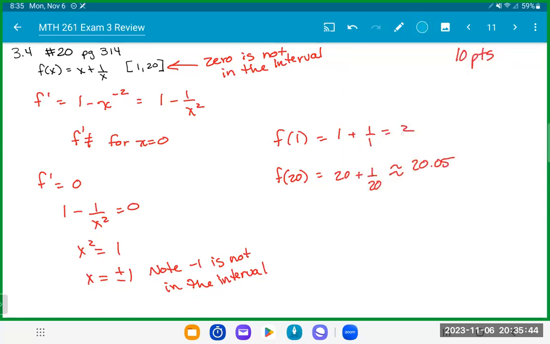So in this case, here we're going to have an absolute minimum at x equal to 1. Here we'll have an absolute max at x equal to 20. Okay, question.